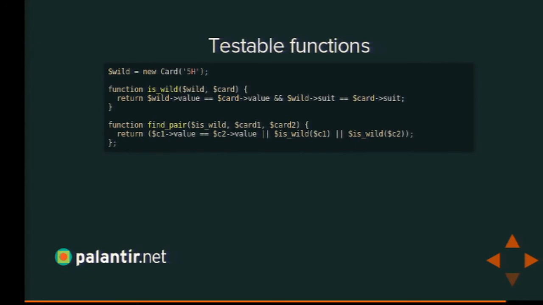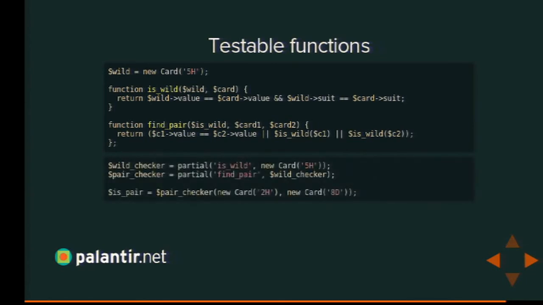And I've got the same syntax error here. I apologize. Now we can test them. isWild and findPair we can very easily test. We can mock isWild if we want to, but it's really easy to unit test these pieces. But I don't want to have to pass something every time. All right, partial it. We'll take isWild and halfway call it with our wild card.